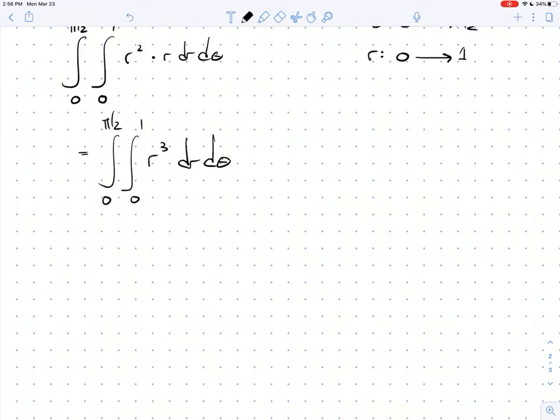You just integrate. I'm not going to work it out, but you get r to the fourth, you plug in. Actually, you can break this one up because it's just r cubed. So you're going to have just a pi halves sitting out there times r to the fourth over 4, evaluated from 0 to 1, which is going to be pi over 8.